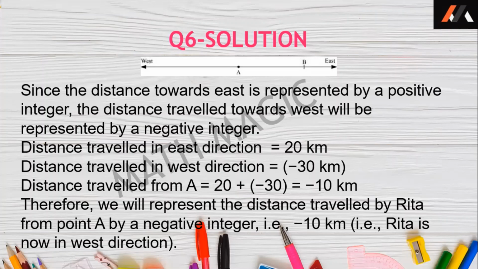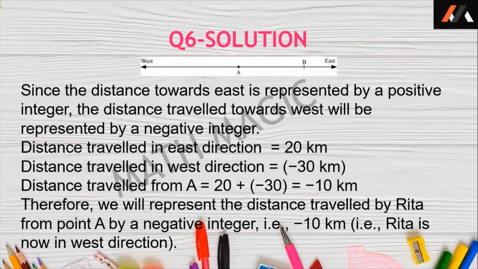Therefore, the total distance will be the sum of the total distances traveled. That is the sum of the distance traveled to the east and the distance traveled to the west. That is 20 plus minus 30 kilometer. That is minus 10 kilometer. Since we represent negative symbol when it is towards west direction, therefore she will be 10 kilometers away from A towards the west.